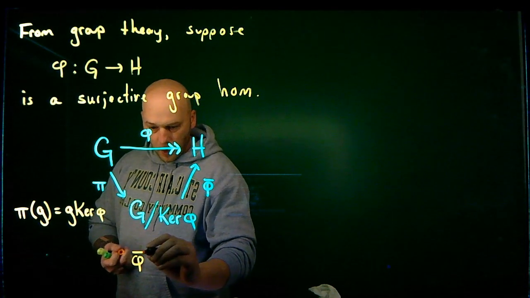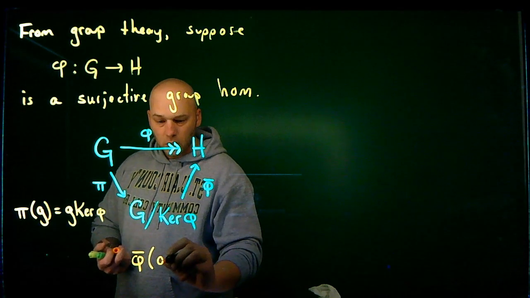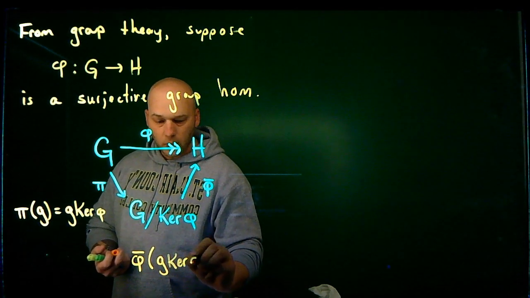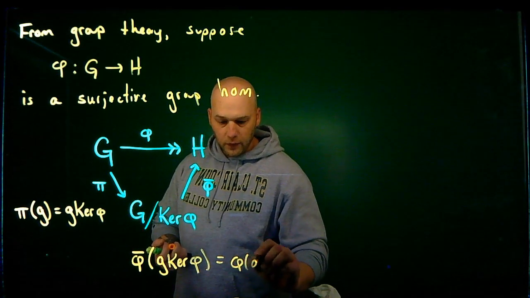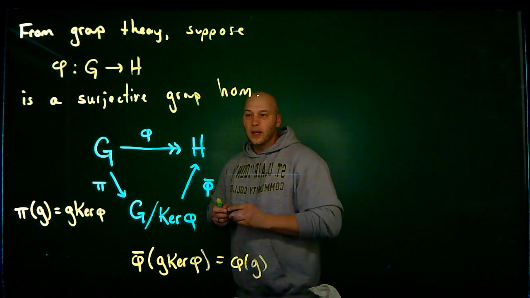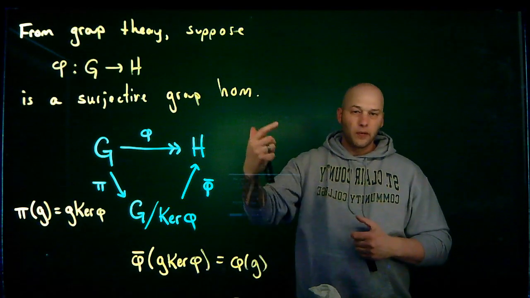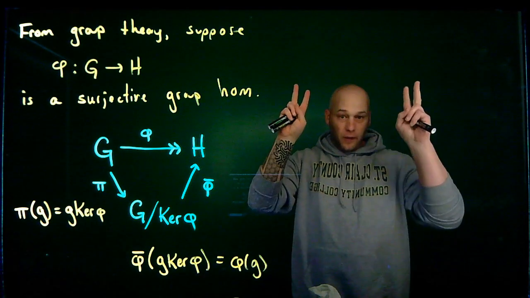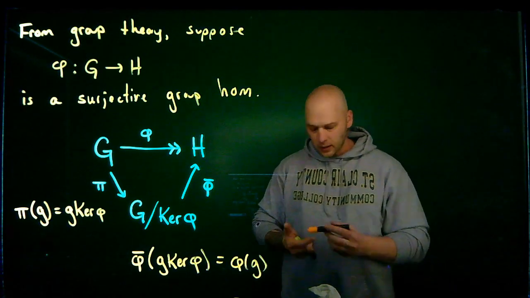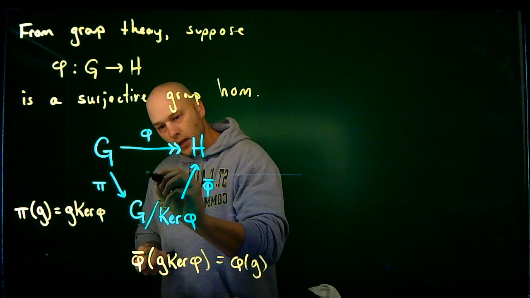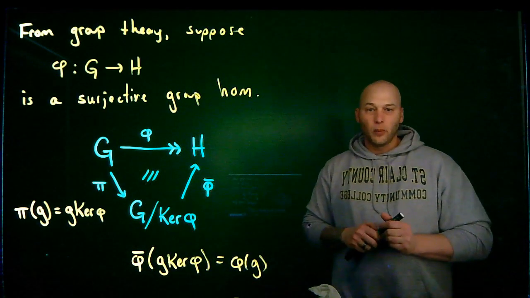So phi bar of, remember the elements of this are going to be cosets, G kernel of phi. I'm going to map that coset to phi of G. The idea is that factoring through the quotient group essentially filters out the portion of the mapping that's not injective, and creates this commutative diagram where this in fact is an isomorphism.